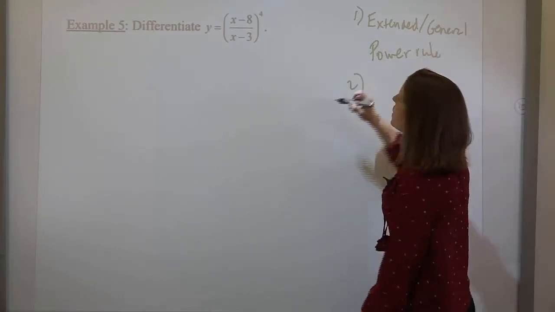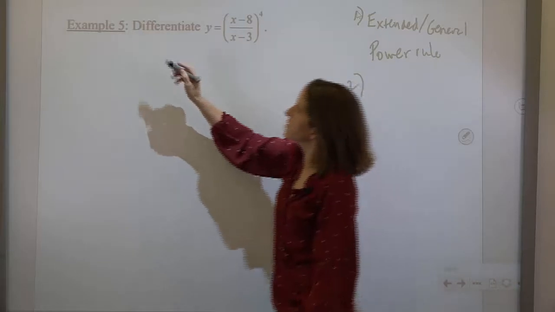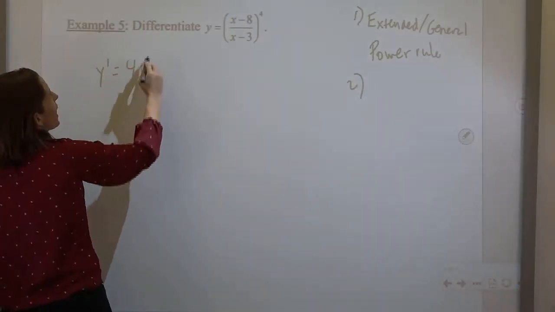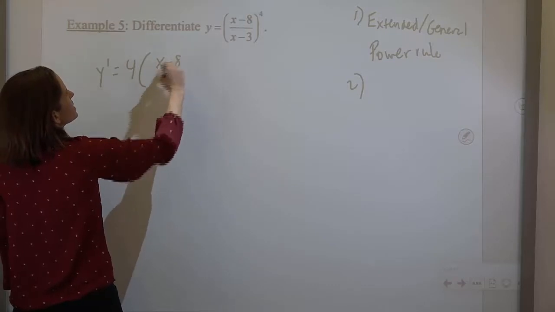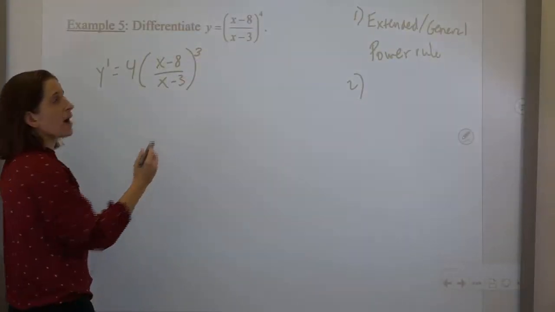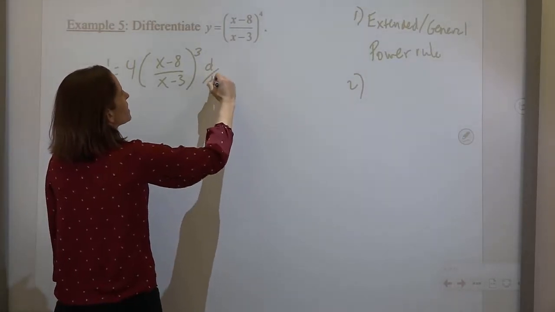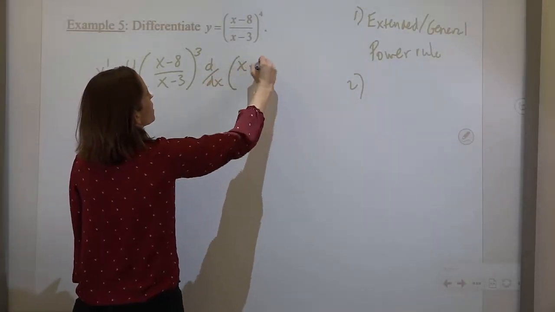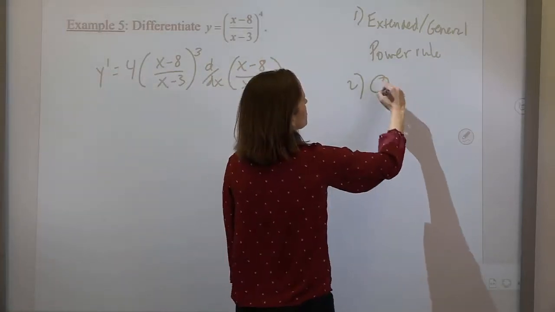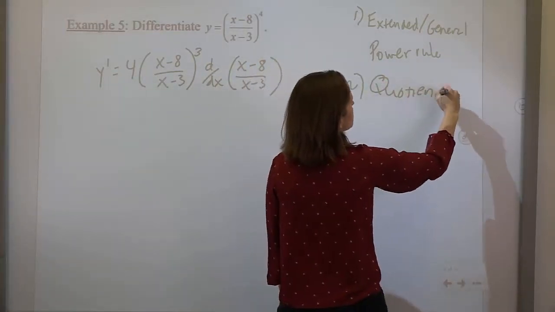And then when we do, well, let's get there. So we're going to bring down the power, leave the inside alone, subtract 1 from the power, and now when I get to the derivative of the inside, it just so happens that I'm going to need the quotient rule.